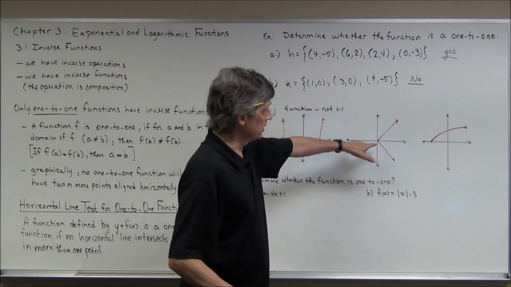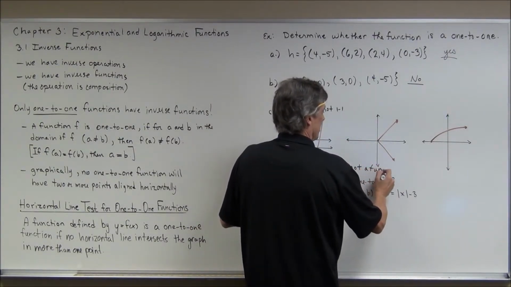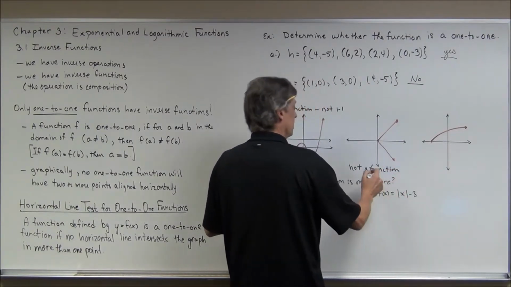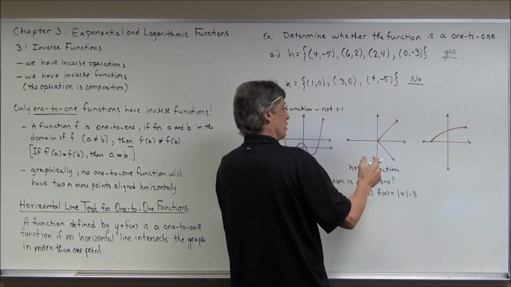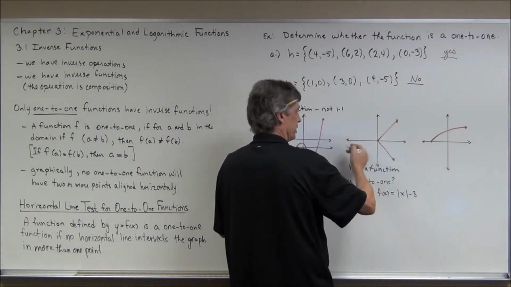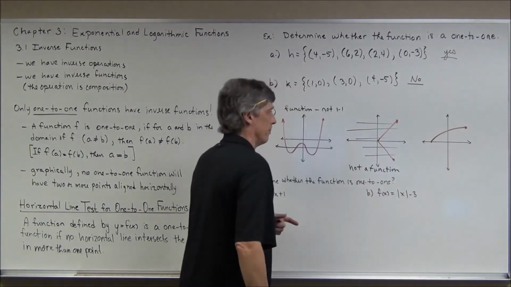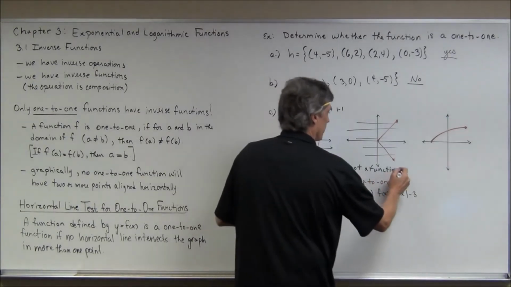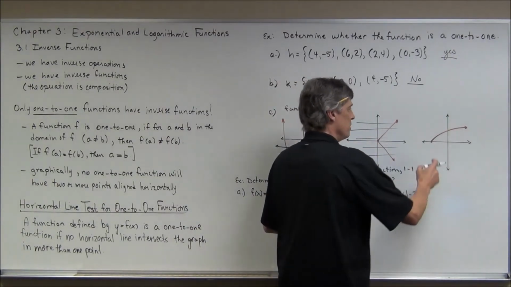Over here, this one is not a function. But you can see that this relation is one-to-one. Not that we would have to have one-to-one for a relation here, but I'm just looking at it. This passes the horizontal line test. No matter where I draw a horizontal line, it crosses it no more than one time. So this one is one-to-one. Over here, you may recognize this.